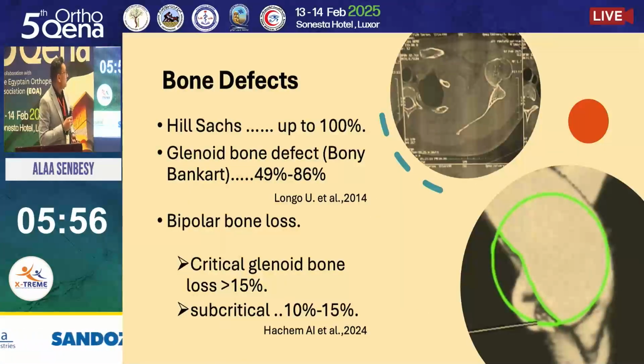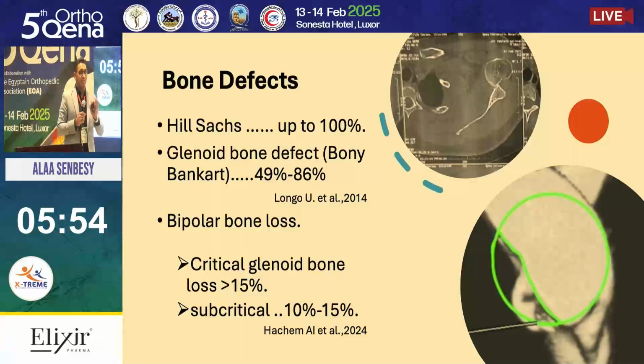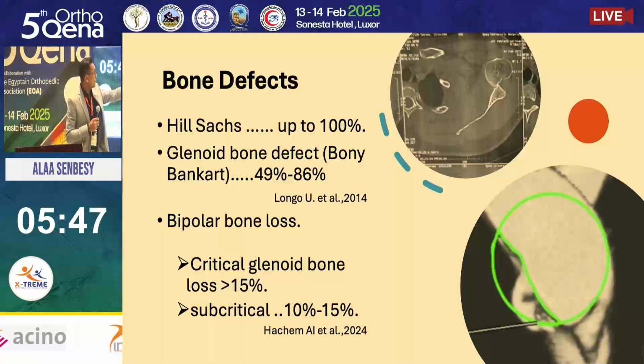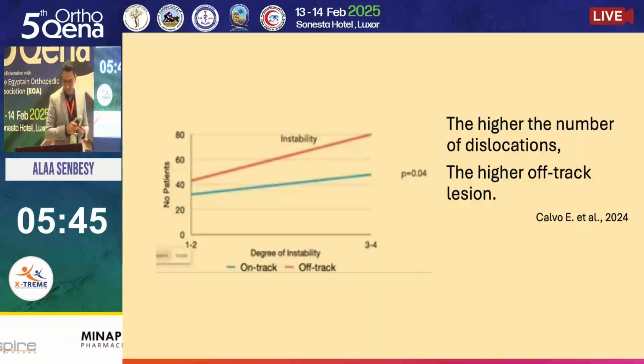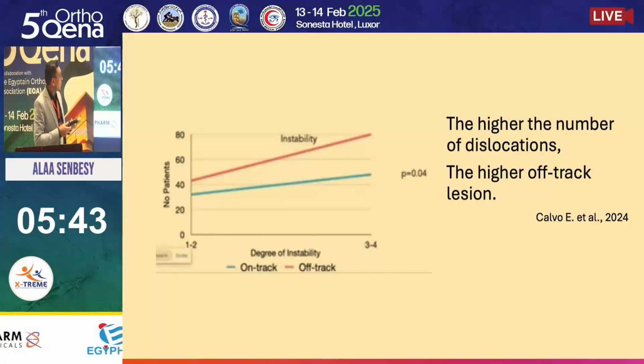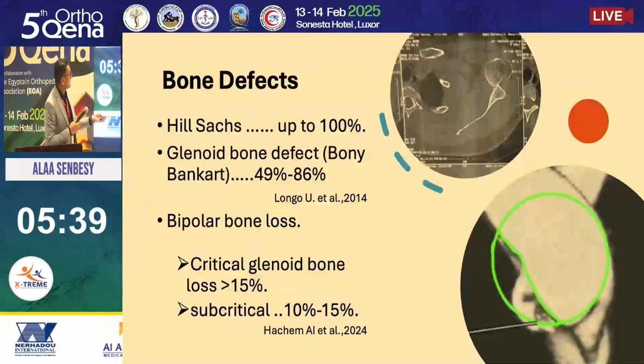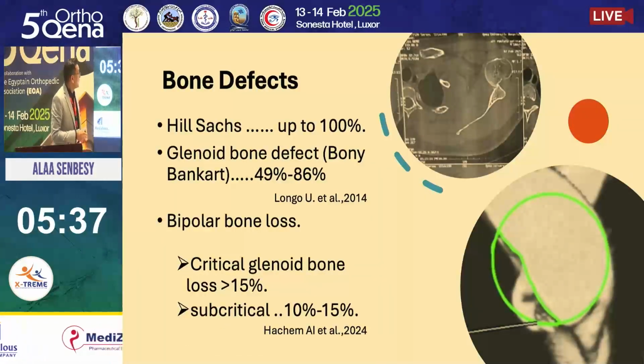100% of the patients with recurrent shoulder instability have a Hill-Sachs lesion. A Hill-Sachs lesion means that we have a posterior depression in the humeral head.